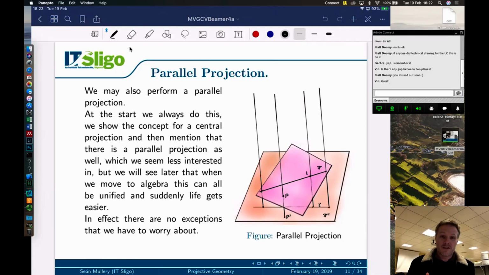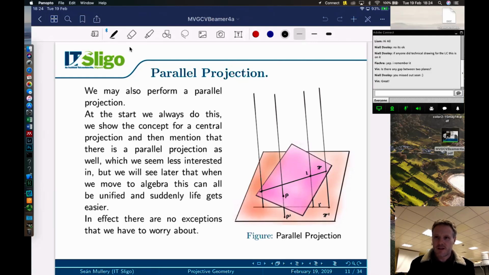Now, one of the reasons for that is that it's not particularly useful in terms of cameras, and I'll mention a little bit about that later. But the second thing is that we're going to shortly find something that will actually unify all of these things together, so that we see them as the one.